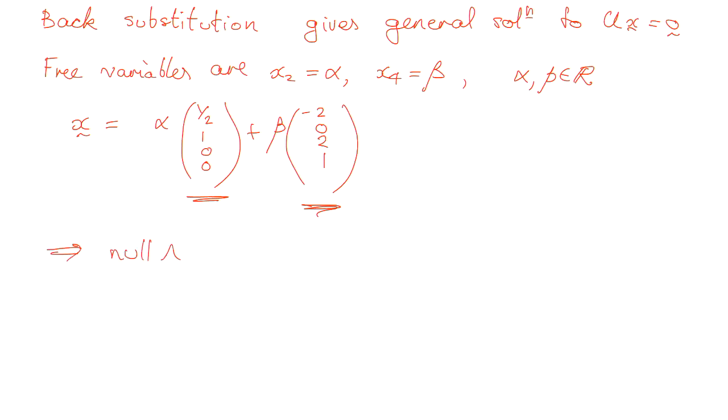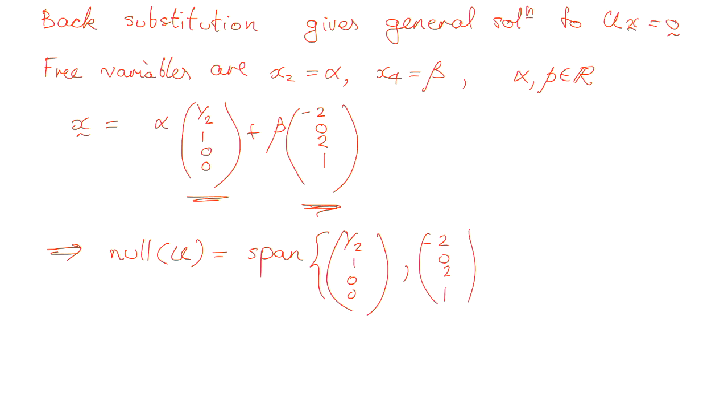So we can immediately see that the null space of, well, A, but also, I guess, really U, but A is the same, is the span of these two vectors. And the claim now is that this is an independent set, so it's actually a basis.